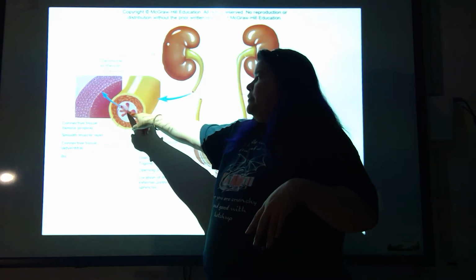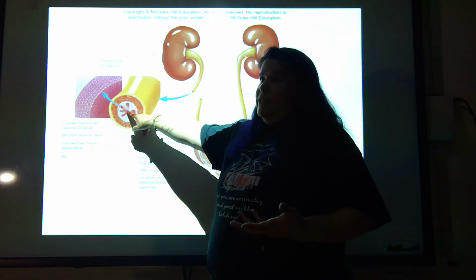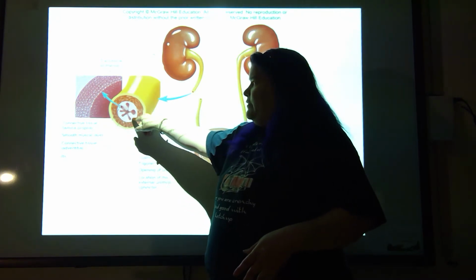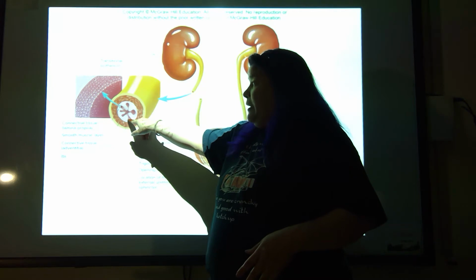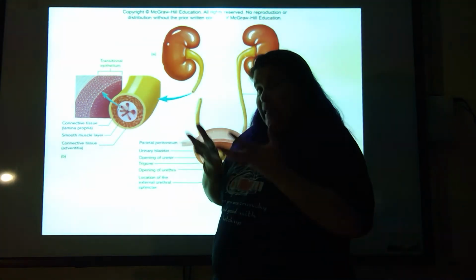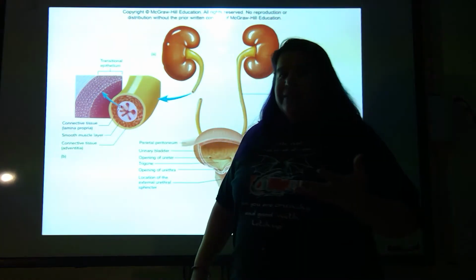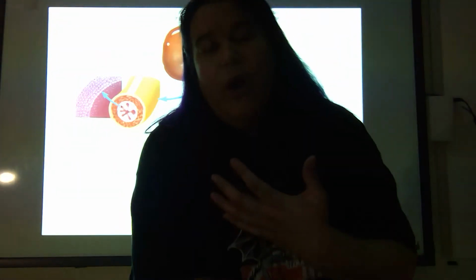So you've got the lumen, which is the hole. You've got the lamina propria, which is the connective tissue, and the transitional epithelium layer in the inner lining. The smooth muscle does something very akin to our digestive system in that you've got that peristaltic wave motion to make sure that the liquid goes from your kidney to your bladder.